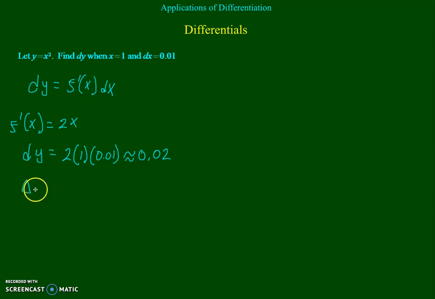Now let's compare this value with the actual change in y. The actual change is delta y, which is f of x plus delta x minus f of x.